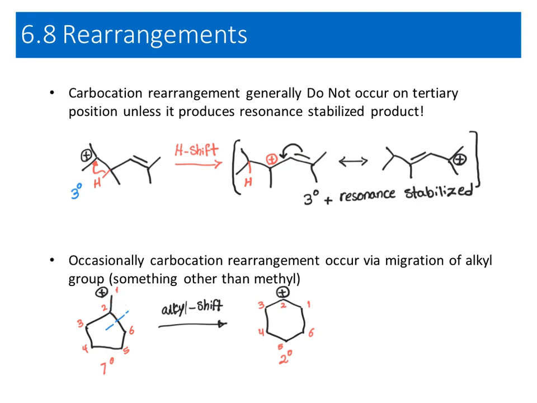Therefore, in the product, we have a bond between carbon 1 and carbon 6. Now that we moved the electron density, carbon 2 lacks electrons, therefore it becomes positively charged. And then we have the rest of the carbons connected to one another. So by doing this, as I mentioned, we have a more stable carbocation and less ring strain, which is always favored.